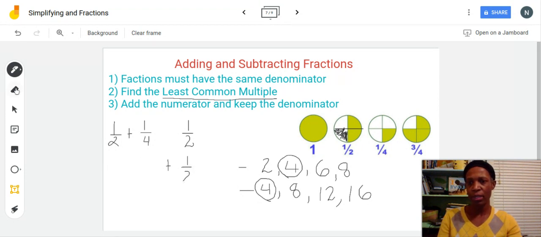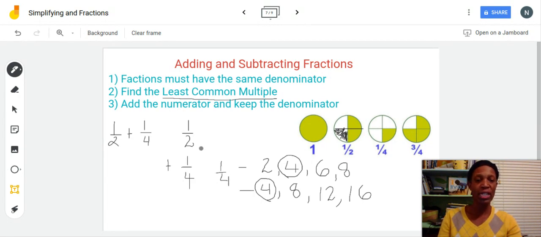Oops, let's erase that and make that a 4. All right, so my least common multiple is a 4. So I don't have to do anything to this fraction right here. I'm just going to slide it over here as is. So we're going to have 1/4 over here as is.